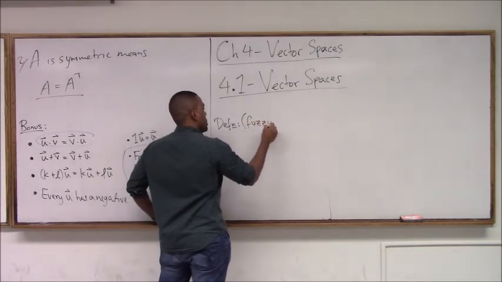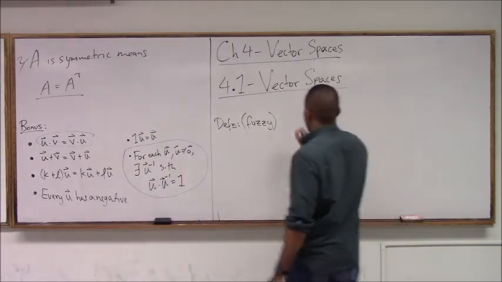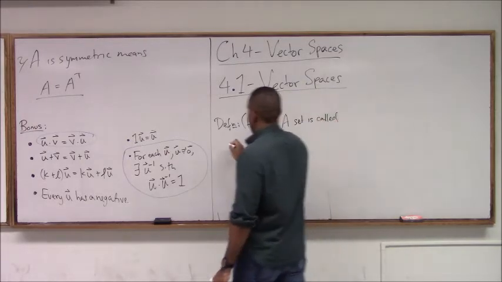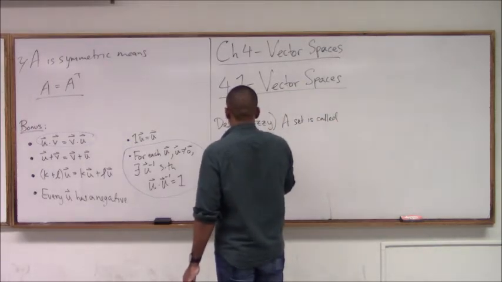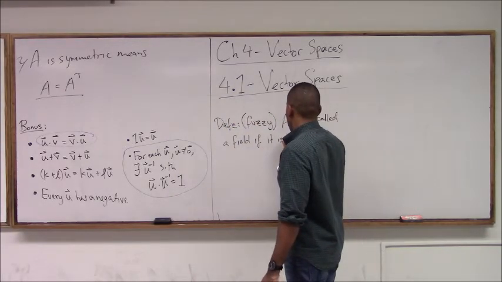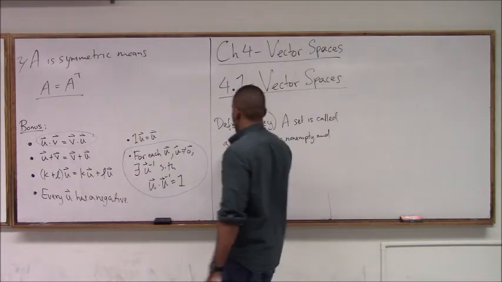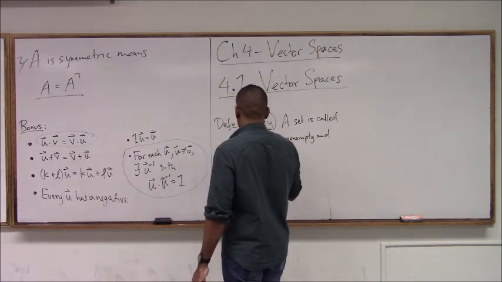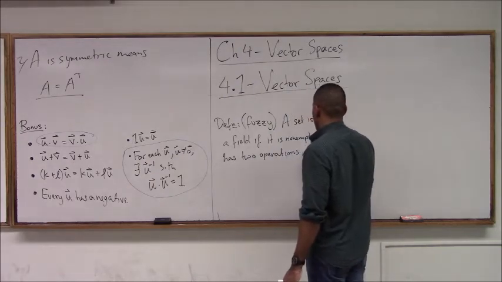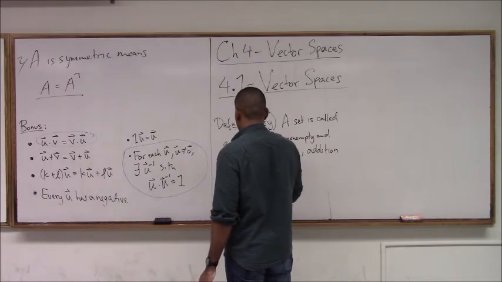I'll just give you a fuzzy definition because it's not going to be the point here. But a set is called a field if it is non-empty and has two operations defined on it: addition and multiplication.